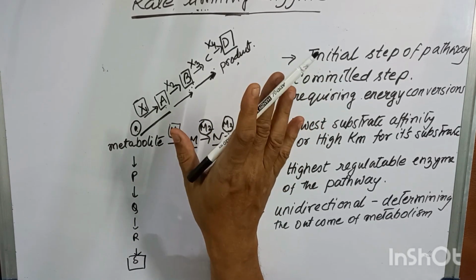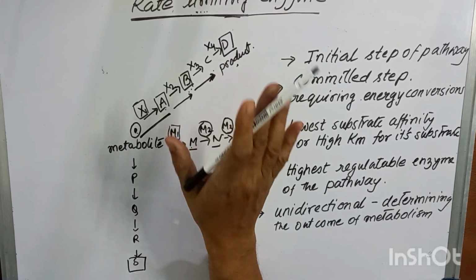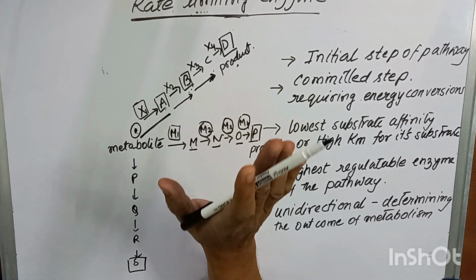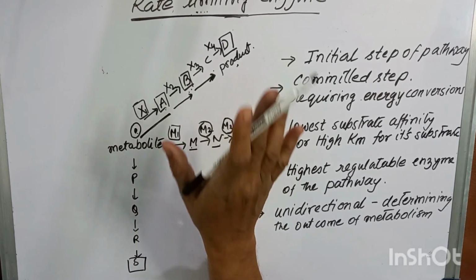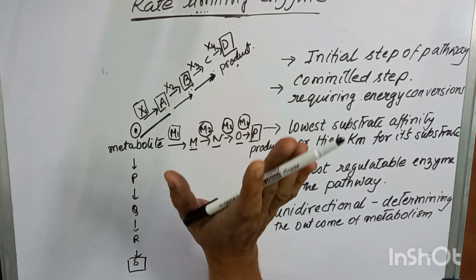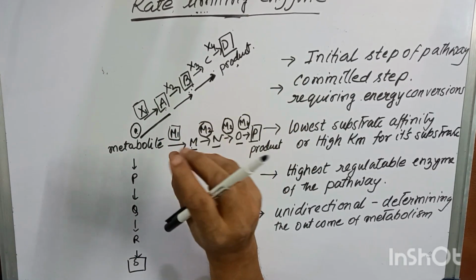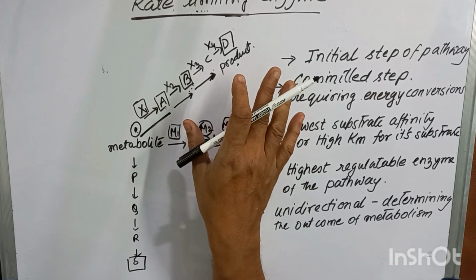These rate limiting enzymes are being regulated by different important molecules of our body, say hormones, different types of chemical messengers, different types of transcription factors, different types of proteins, and drugs will regulate these rate limiting enzymes.